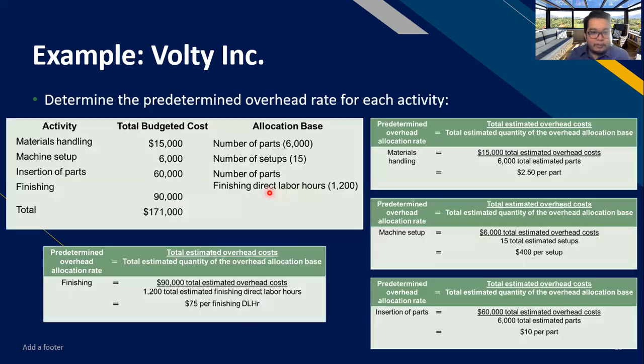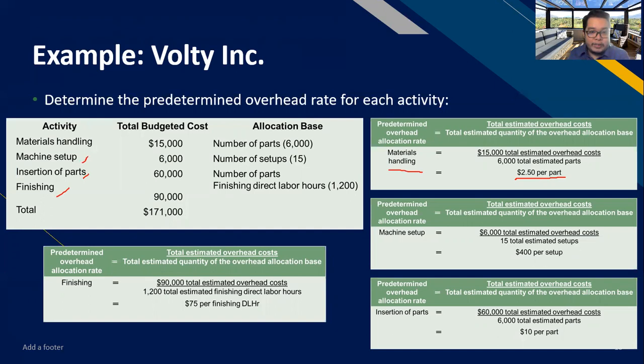And so therefore, to determine the predetermined overhead rate for that is this. Okay? So total estimated overhead cost for that activity is 15,000 divided by the estimated quantity of the overhead allocation base, which is 6,000. And therefore, the predetermined overhead rate is $2.50 per part. Okay? And that's for materials handling. And you do so for the rest of the other activities.